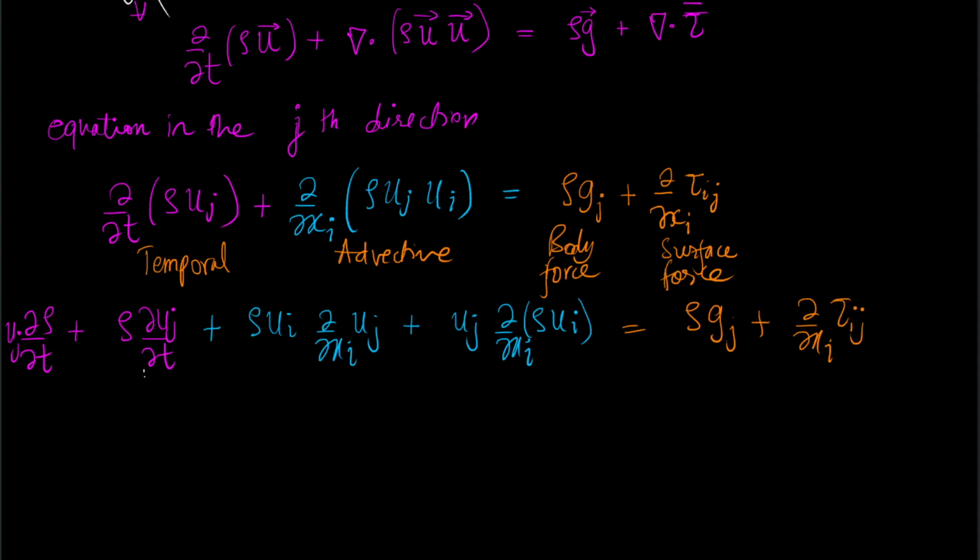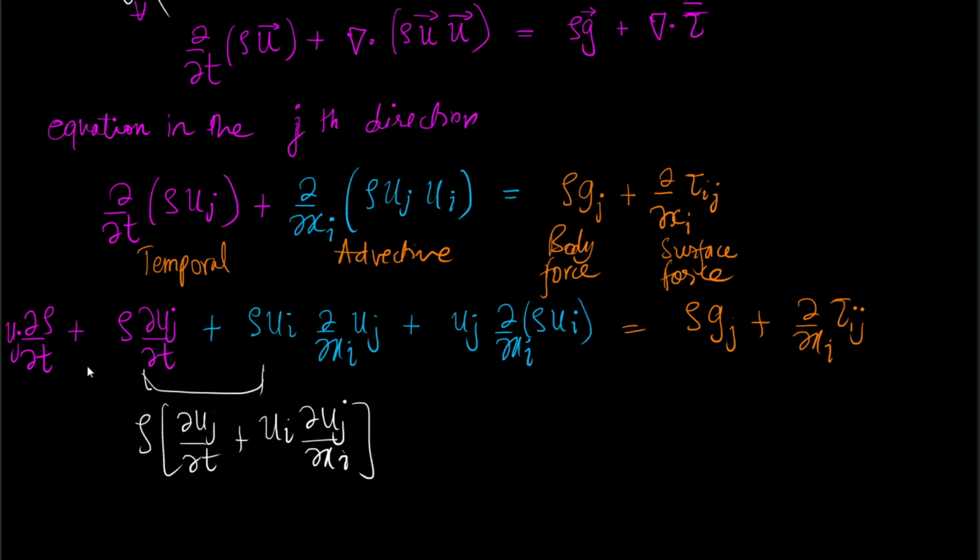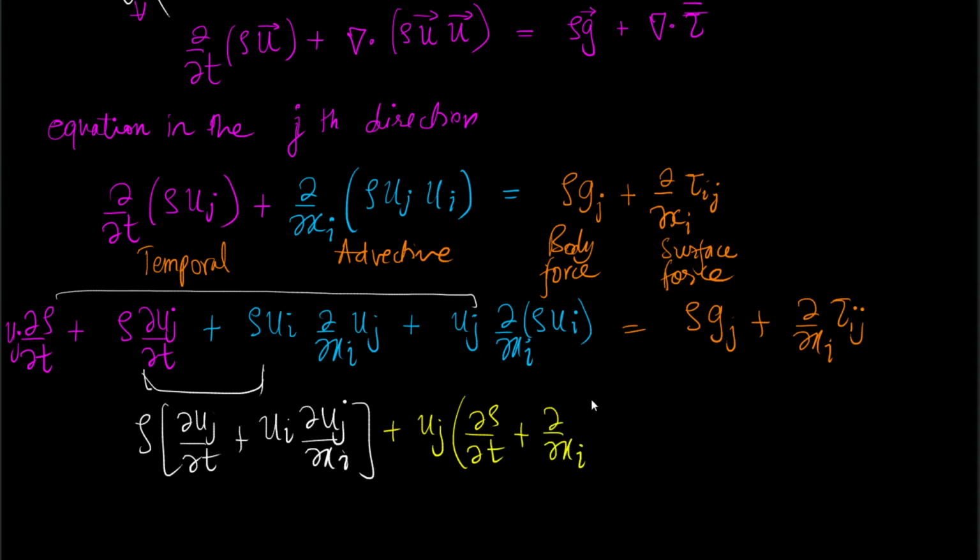Now we can combine these two terms and write rho del uj del t plus ui del uj del xi. We can combine these two terms and write down plus uj del rho by del t plus del xi of rho ui, while the right hand side is the same thing, it's rho gj plus del xi of tau ij.